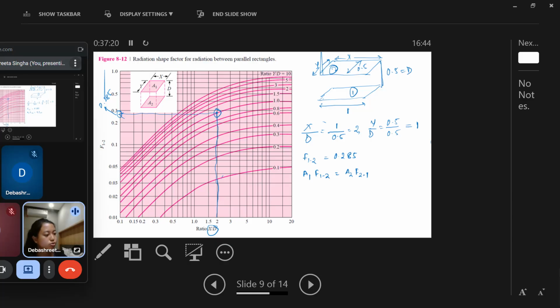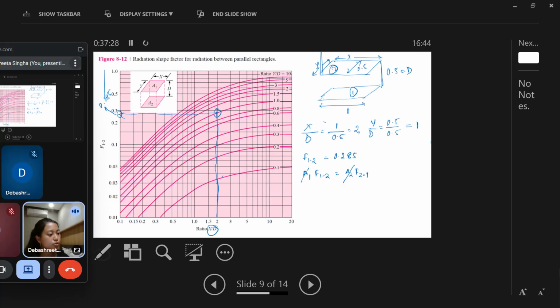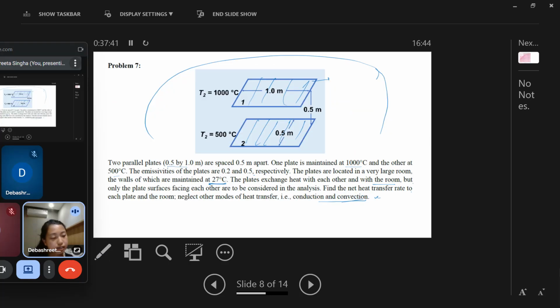From there we can write A1 and A2, they are of the same area, so they get cancelled out, and F12 and F21 will remain the same. You can also write this directly by symmetry, since they have the same area and all. So whatever F12 is, it is equal to F21.